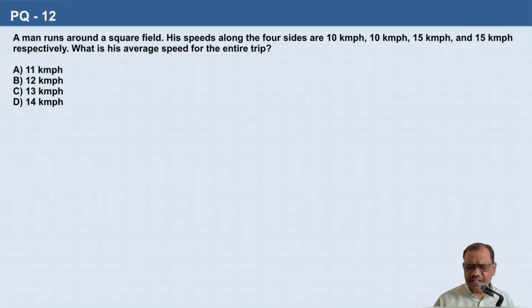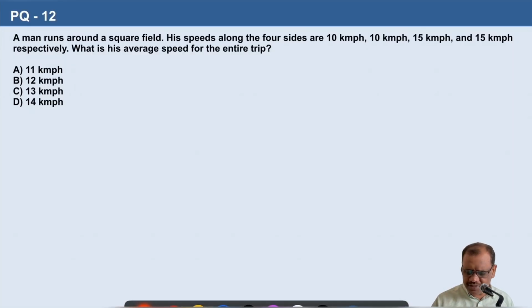Here the field is in the shape of a square, so all four sides are equal. Let us assume each side is 1 unit.